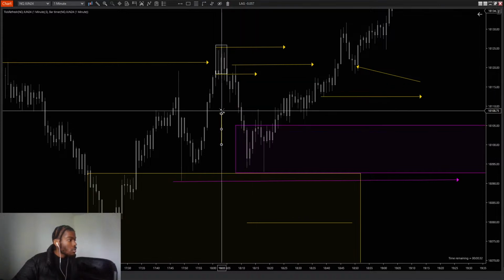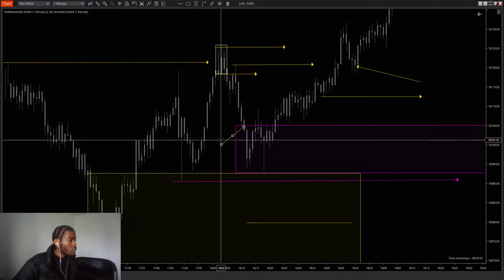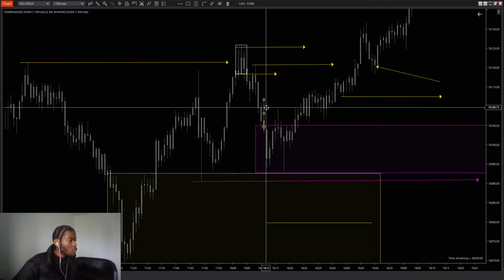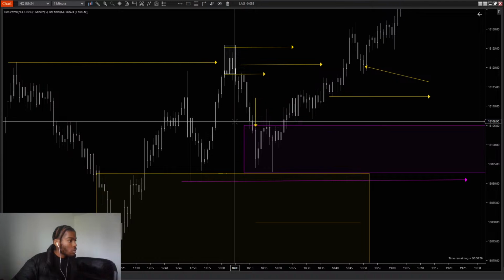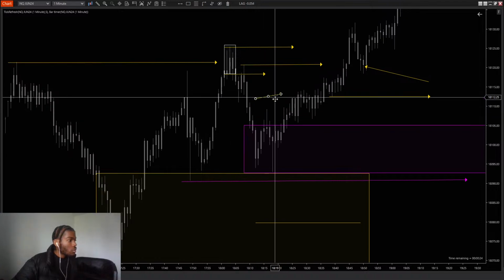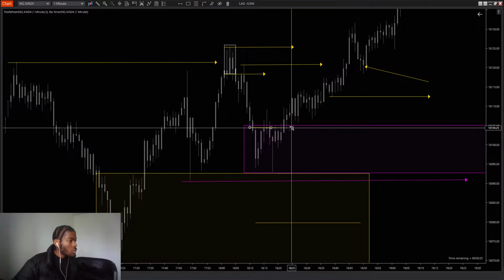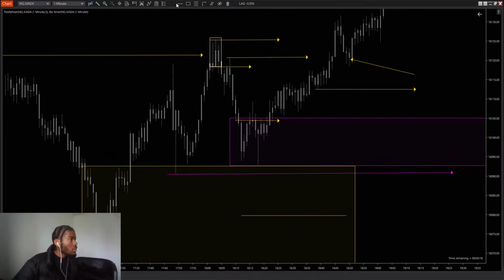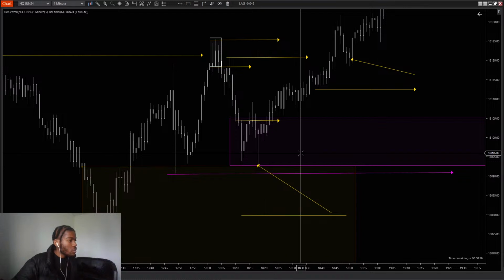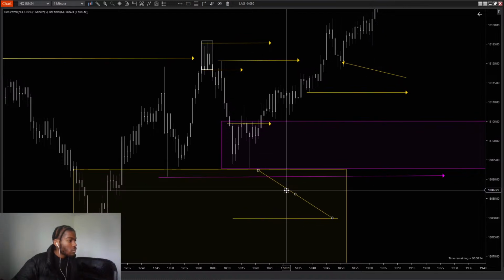Likewise, this candle here was responsible for putting in a new low. I mean this high up here. We got a body closure there, making this low valid.